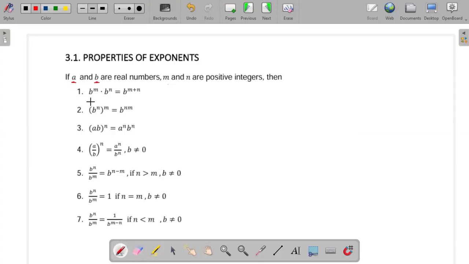Now let's jump into these properties. We're saying b and a are real numbers, and m and n are integers.